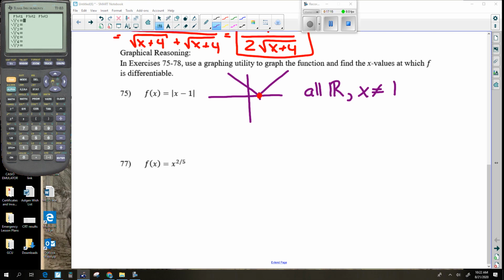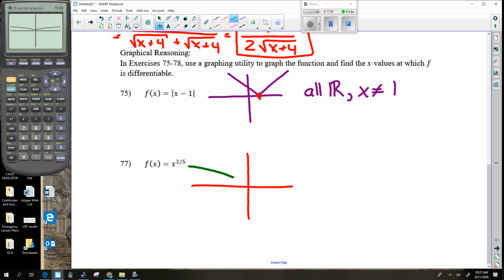All right, next we have x to the 2/5. I'm just going to graph it here real quick. It doesn't show it superbly right here, but what this is doing is spiking down.